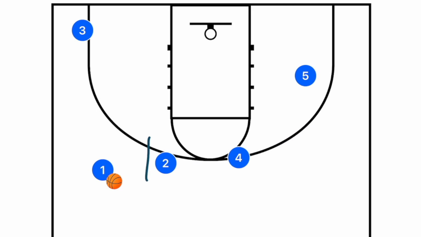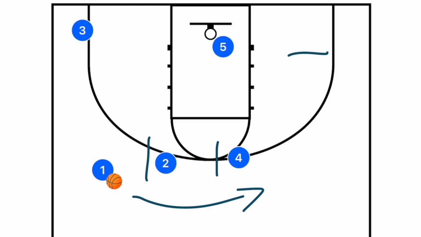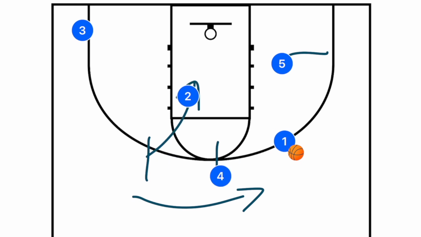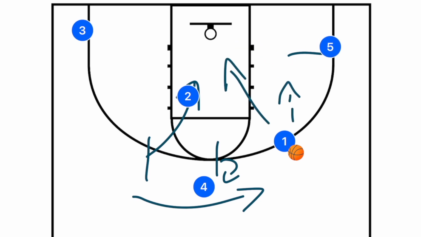So now we have a staggered screen here for player 1, and player 5, depending on how the defense is playing him, could slip to the rim, can pop for a 3, and player 1 coming off of that staggered screen, player 2 is going to roll, player 4 is going to pop, and now he has the option: drive, kick to player 5, whether he slips or pops, pass to player 2, pass to player 4, lots of different options here.